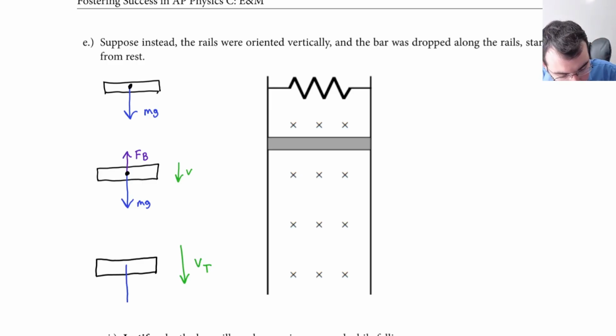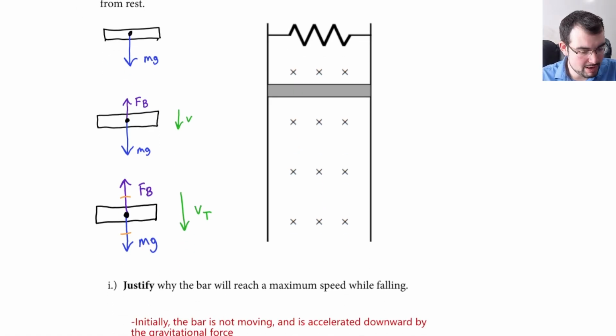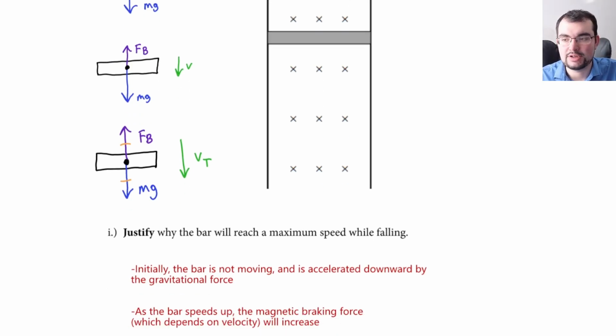And why is it called terminal? Well, again, you still have your same old mg, but eventually, after a long time, your magnetic force got big enough due to the large speed that that drag force is finally big enough that it exactly balances the gravitational force. So we start with no magnetic force, then it gets bigger and bigger, and it eventually cancels out.